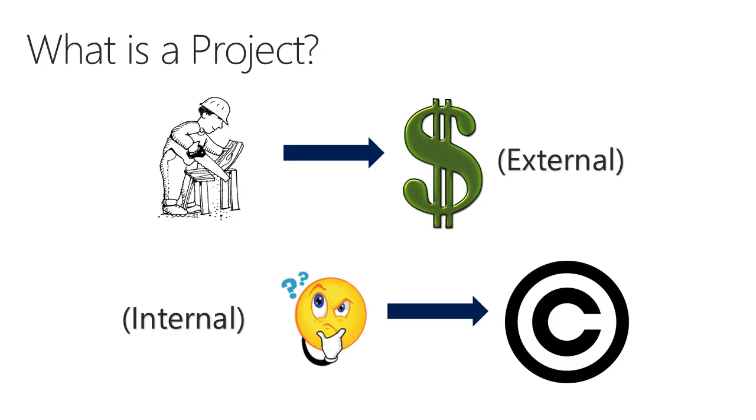Some other examples of external type projects could be building a house, implementing some software for a customer, installing maybe a cell phone tower. I mean, there's tons of examples.